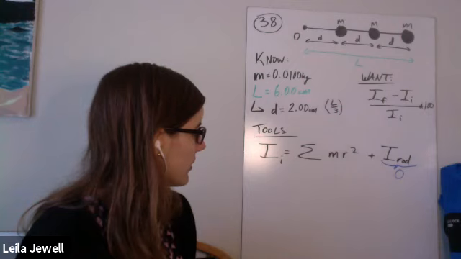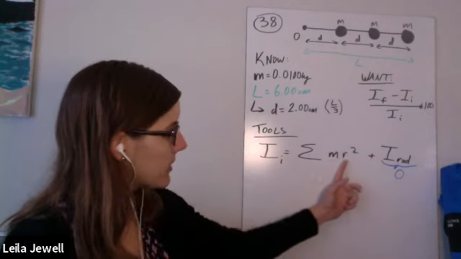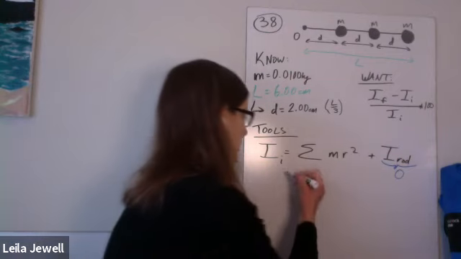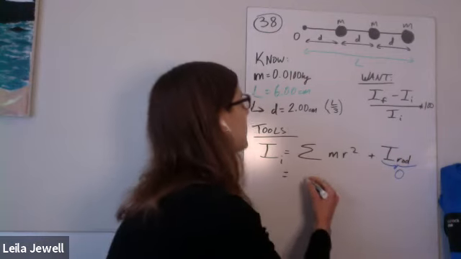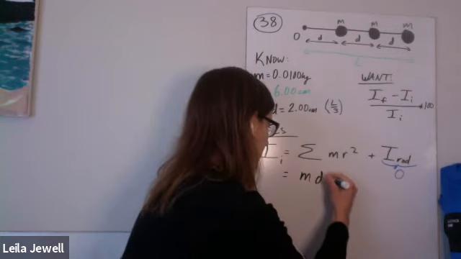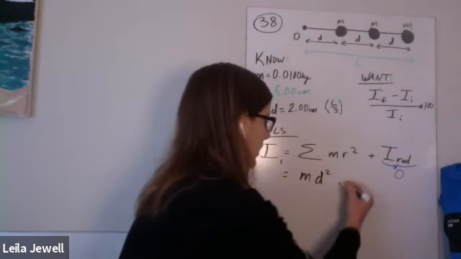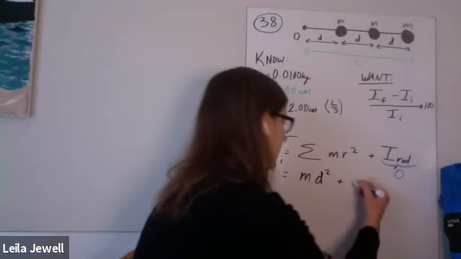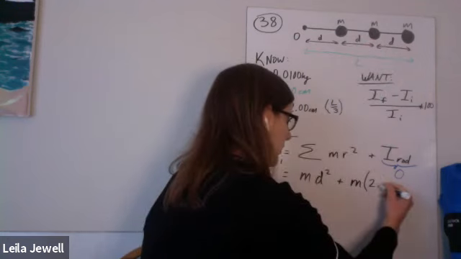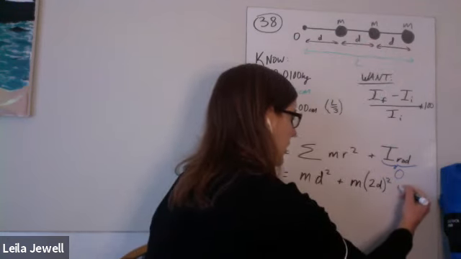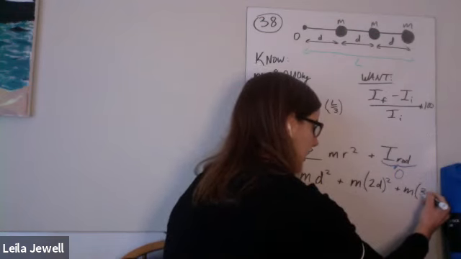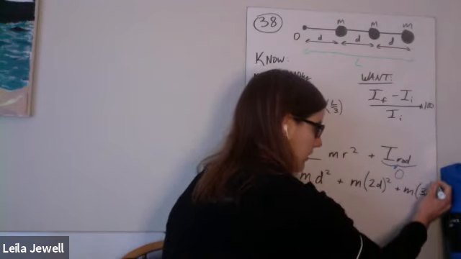All right, so for adding these together, we want the masses and then their distance from the axis of rotation. So I'm going to do this symbolically. Our first one is a mass times a distance d squared. And then we can add our second one, which is another mass, and its distance is 2d squared. And then the third one is the same mass m, and it's at a full 3d, or just L, squared.